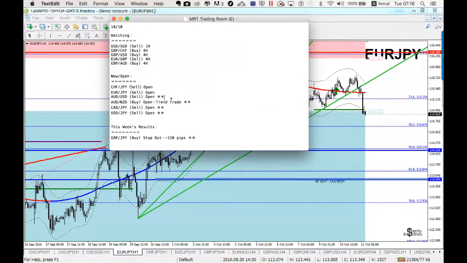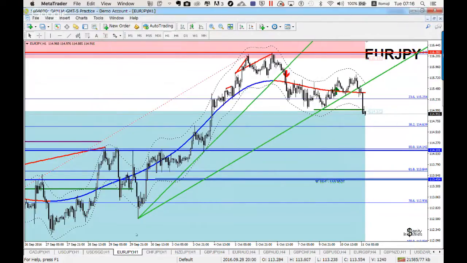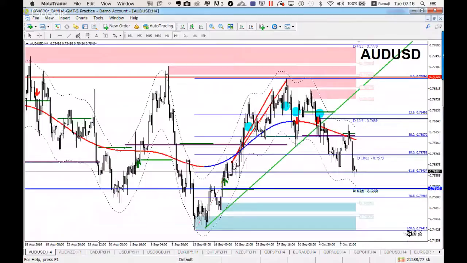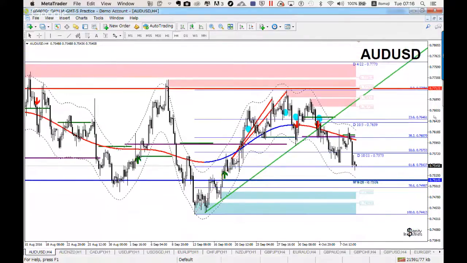Next, let's look at one of our signal trades, the Aussie dollar sell. We've been in this for a little while now. We opened it last week, but it seems also to be moving towards the initial profit target. And this is one of those where, due to risk reward and other factors, I had to choose a profit target further on down, and we're going to trend follow the rest beyond that.